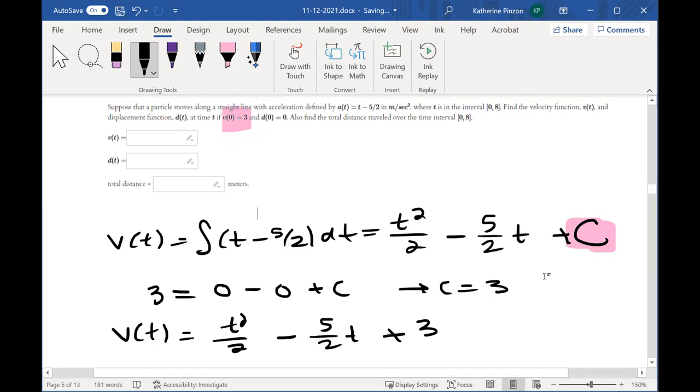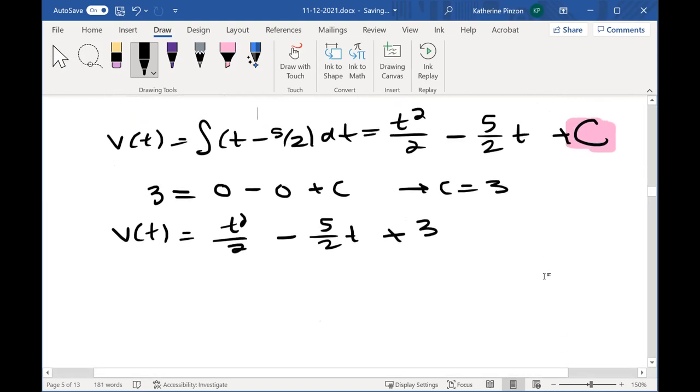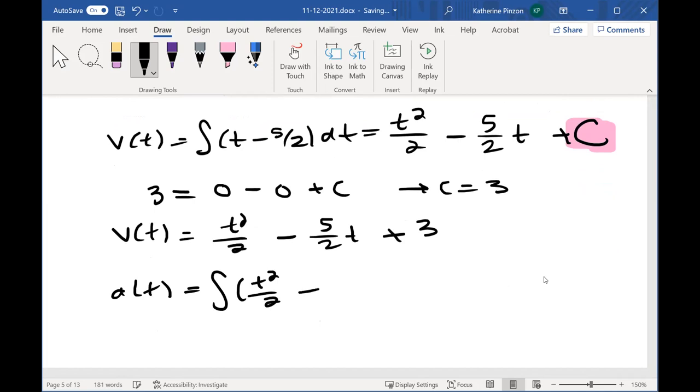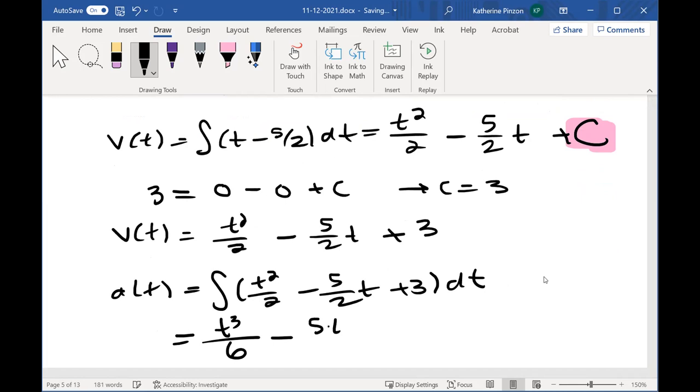Okay, how do I get the distance? Antiderivative of velocity. Distance is the antiderivative of this, which is t cubed over 6 minus 5t squared over 4 plus 3t plus c.